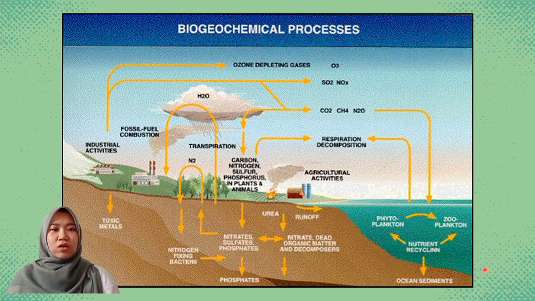This is the whole figure of the biochemical process. As we can see, the industrial activities release toxic metal into the ground, and the fossil fuel combustion will produce carbon dioxide released into the atmosphere.